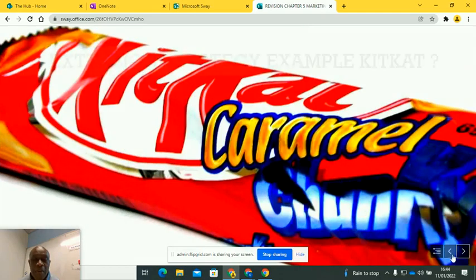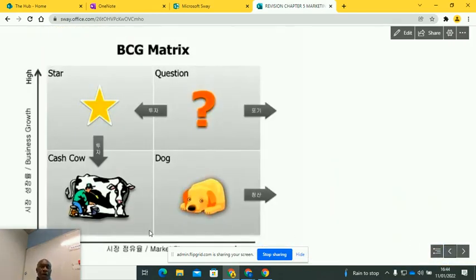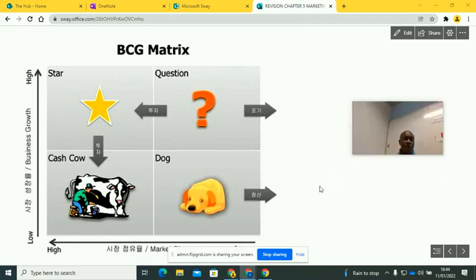And then this one, cash cow, you have low market growth but a high market share. A great example I always talk about is maybe Marmite, which has a low market growth because people are not really buying more Marmite. The people who normally like Marmite are still buying Marmite. So they have a high market share but a low market growth.